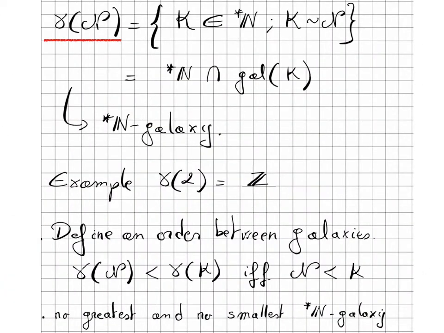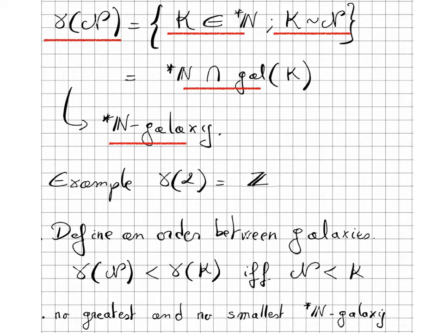Gamma of N can alternatively be expressed as a set of hypernatural numbers k which are a limited distance apart from N, or as the intersection of star N with the galaxy of k. We call gamma of N the star N galaxy.